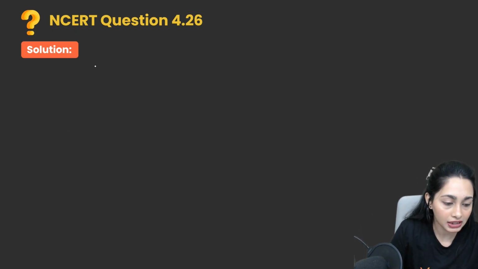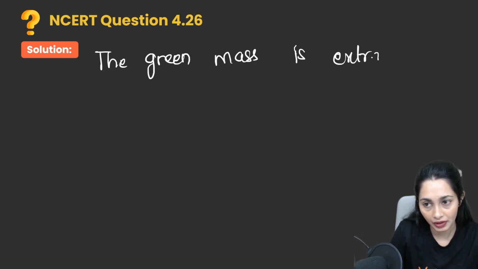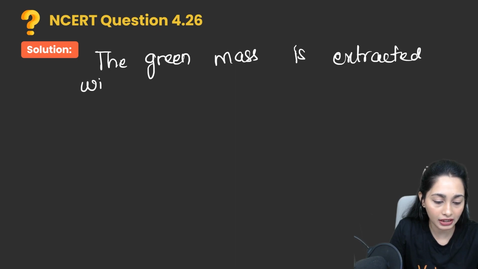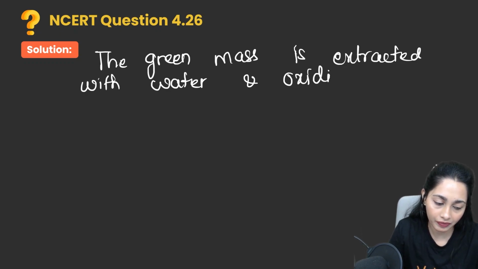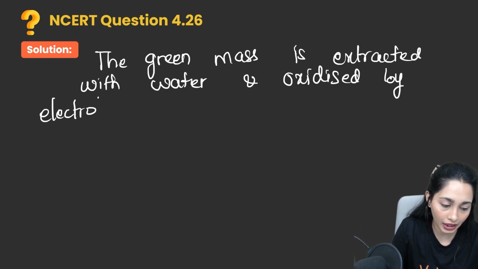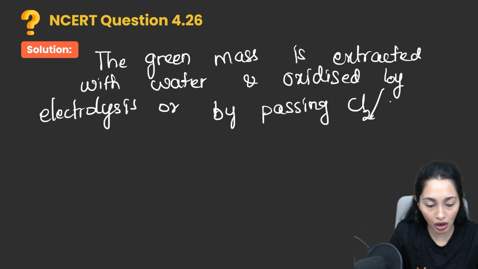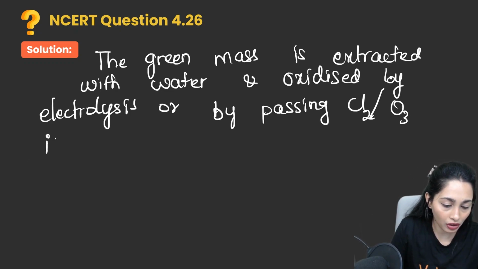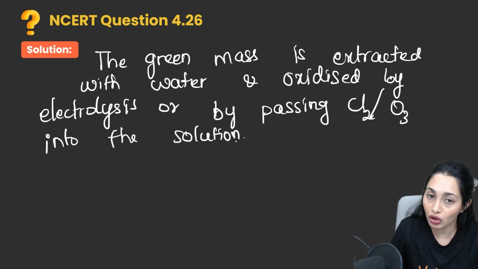And the green mass, K2MnO4, is extracted with water and oxidized by electrolysis or by passing chlorine or ozone into the solution. Chlorine and ozone are very good oxidizing agents.